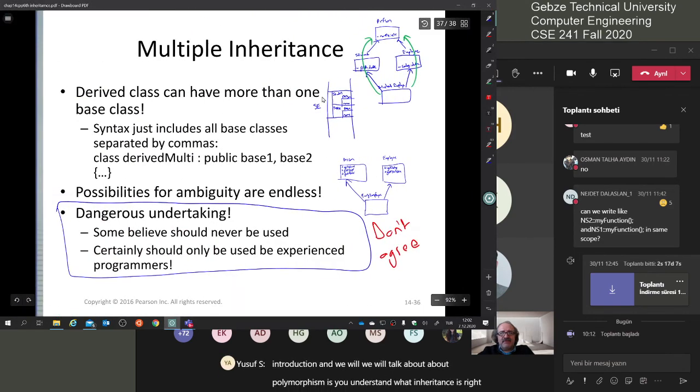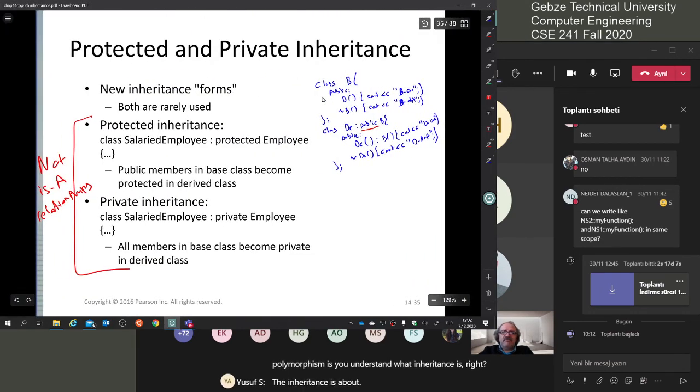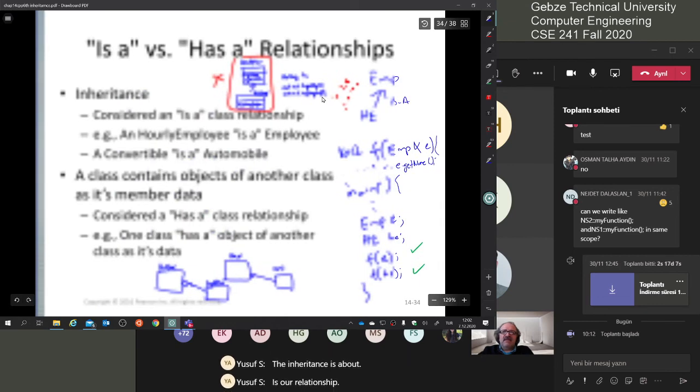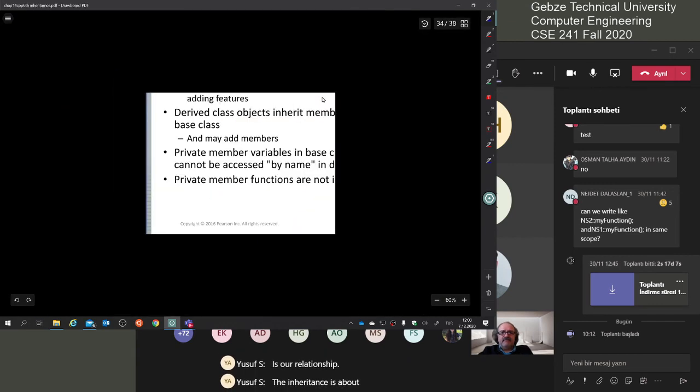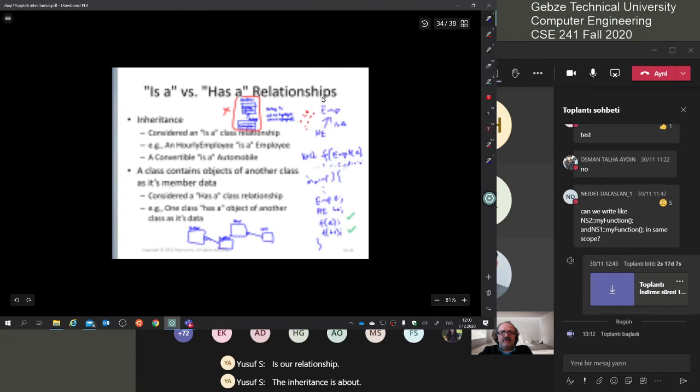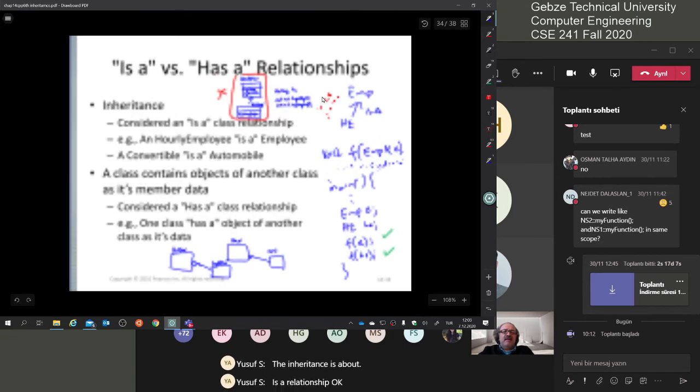Inheritance is about the is-a relationship. And the compiler knows about is-a, and we could use this feature of C++ or object-oriented programming languages to write very, very general code. Remember at the beginning of the chapter what we said?